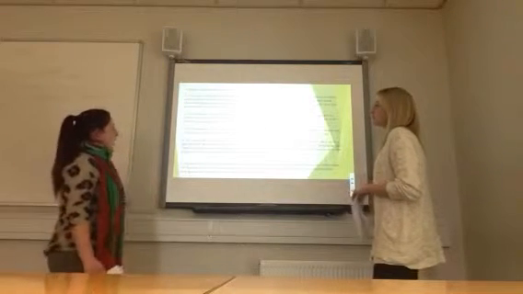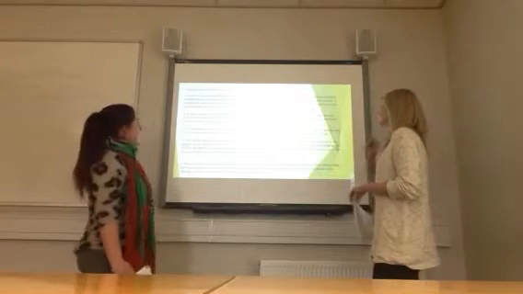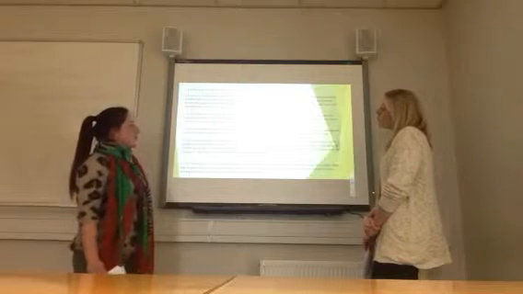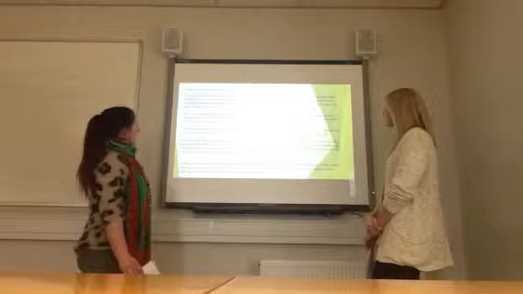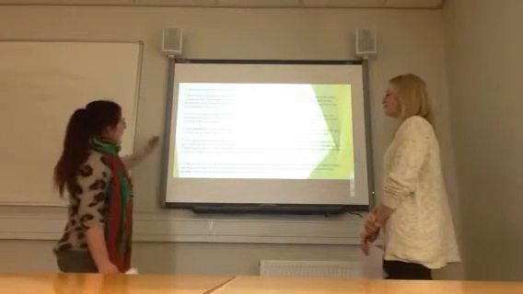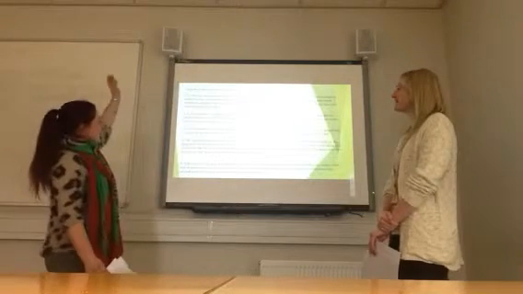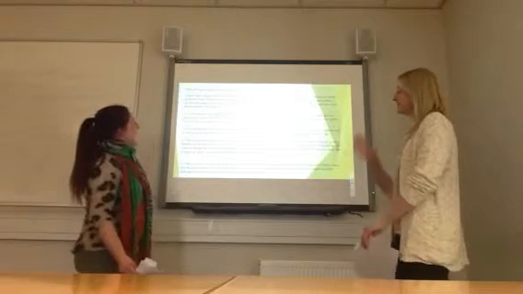In order, muscle contraction can be split into 5 steps. Step 1, a nervous impulse arrives at the neuromuscular junction, which causes a release of a chemical called acetylcholine.